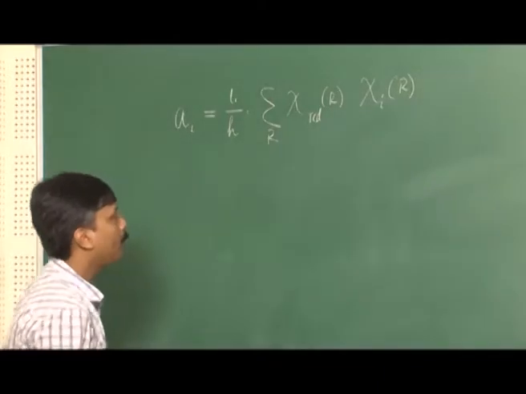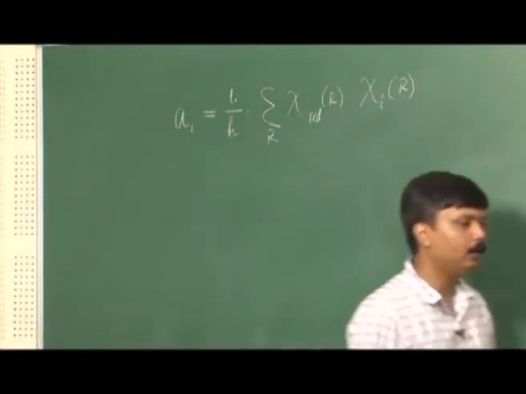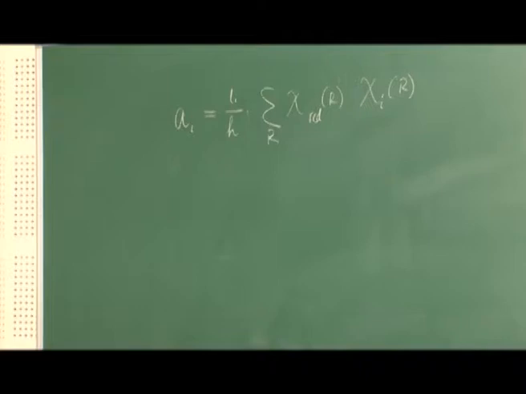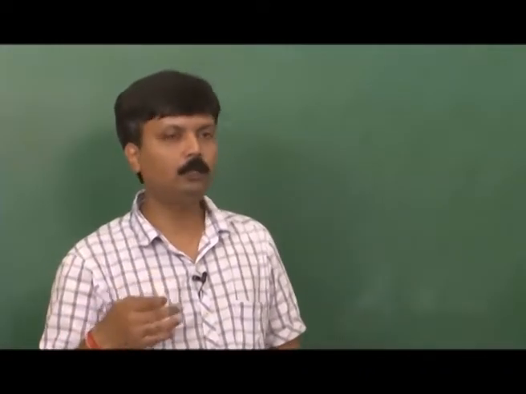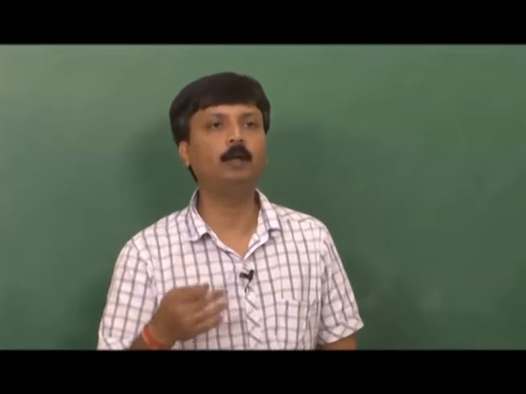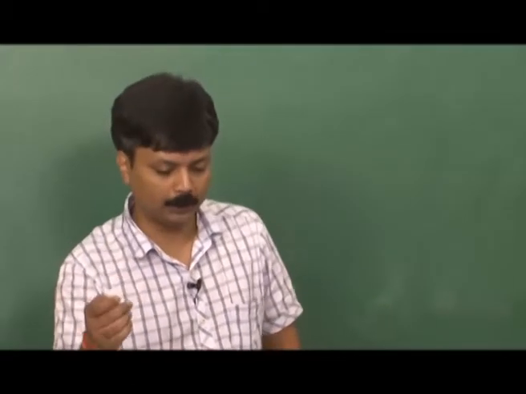This one we know. Now what we are talking about here is the representation that is formed by the direct product of two irreducible representations.